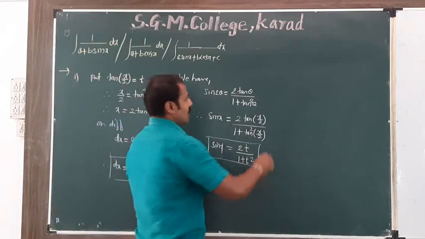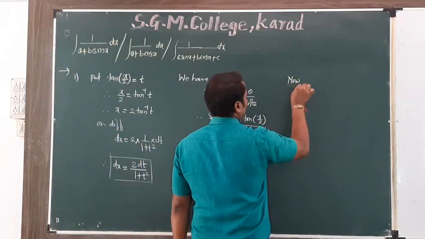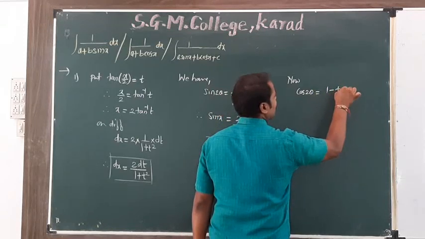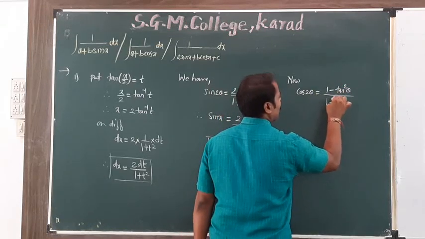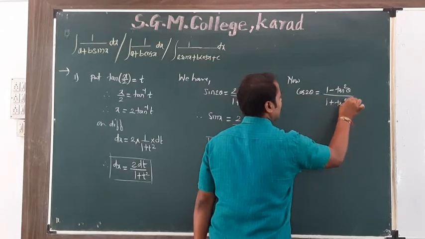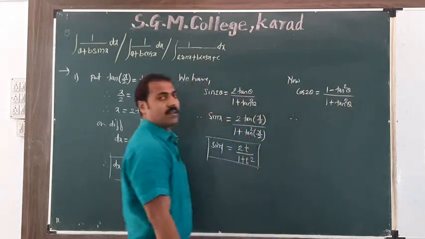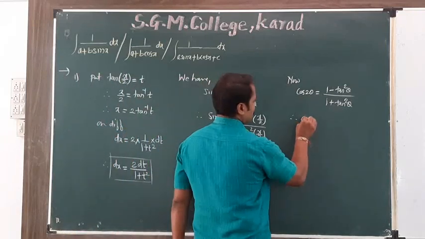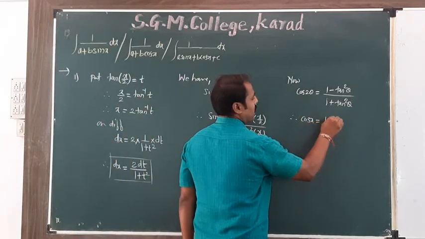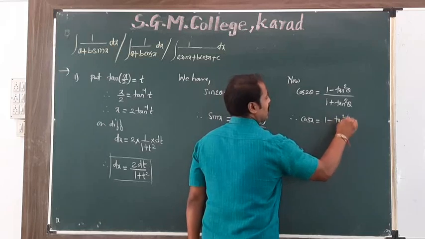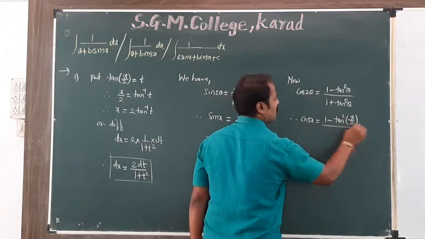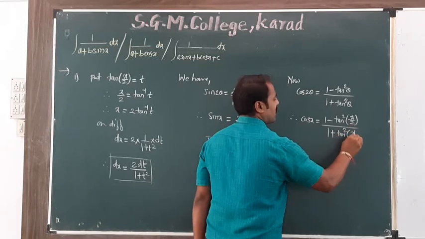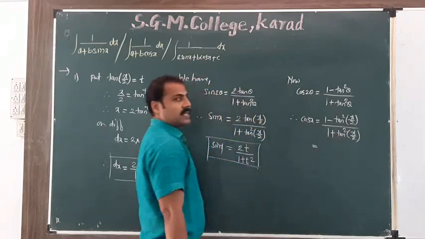Now we know that cos 2 theta is equal to 1 minus tan square theta divided by 1 plus tan square theta. Therefore, finding the value of cos x, cos x is equal to 1 minus tan square of x by 2 divided by 1 plus tan square of x by 2.